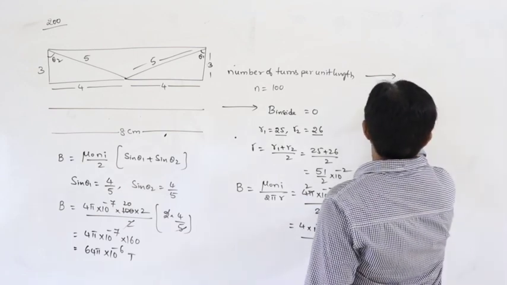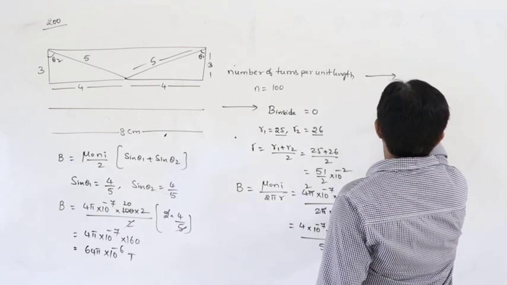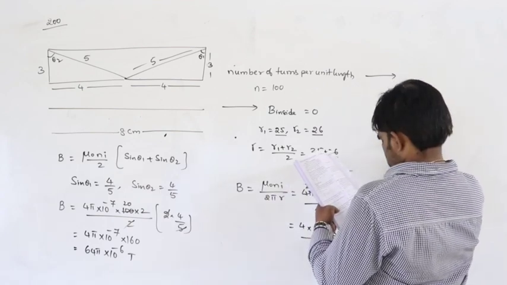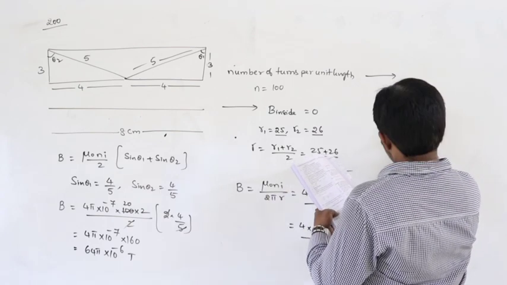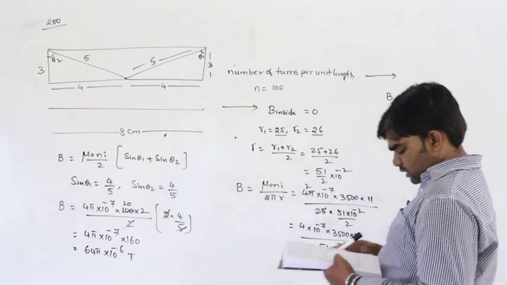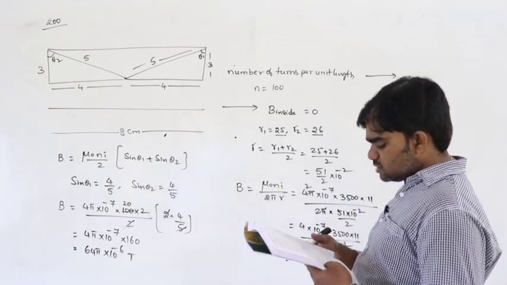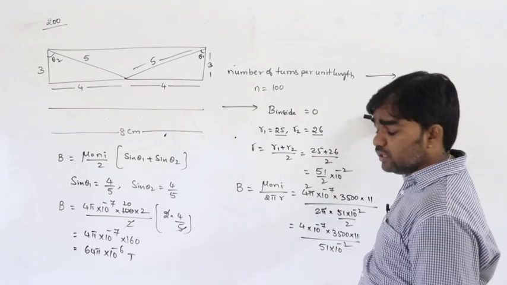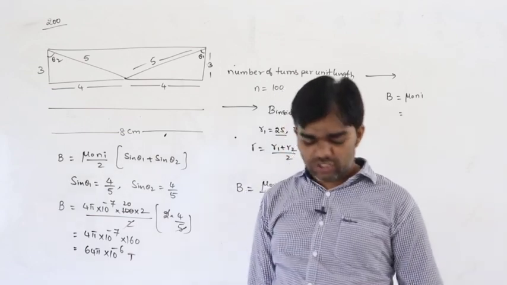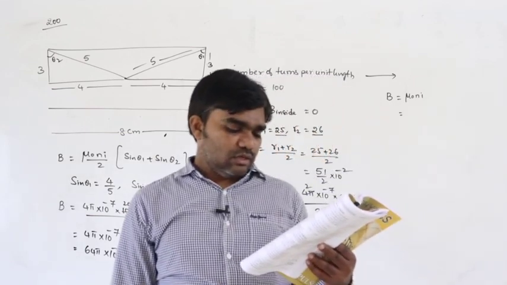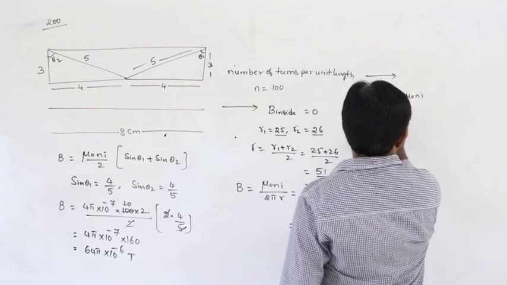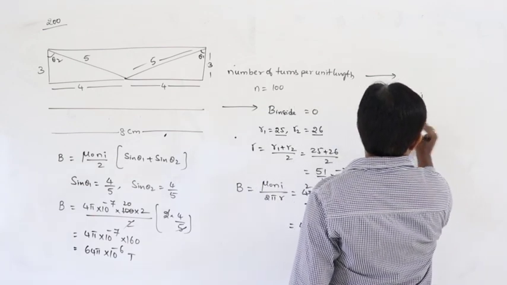B is equal to the general formula mu naught N i. But according to the solution, that is not correct. The given question is to find the intensity of the magnetic field. Intensity of the magnetic field is B only. Intensity of the magnetizing field means H. So maybe the question printing is for the intensity of the magnetizing field, then H is equal to B by mu naught.